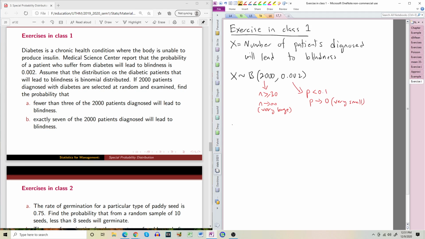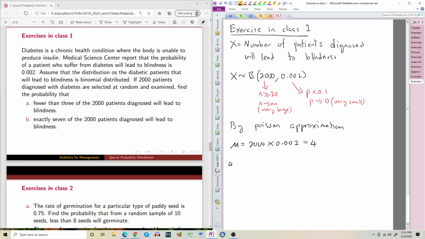So I will write here by Poisson approximation. I need the mean to compute the Poisson.